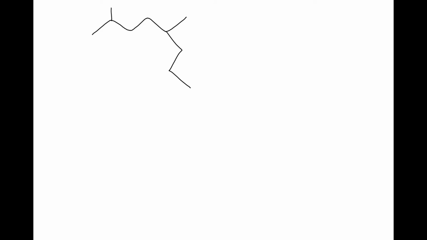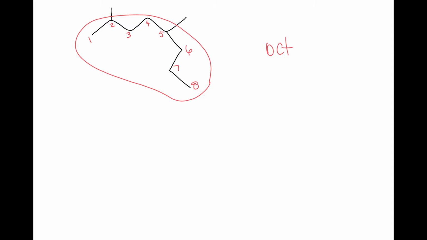So we're going to start counting. 1, 2, 3, 4. This is 5. If I go up here to this corner, that's 6. That is not my longest carbon chain. We can continue going. 6, 7, 8. So my longest chain, so this is my parent, is octane.